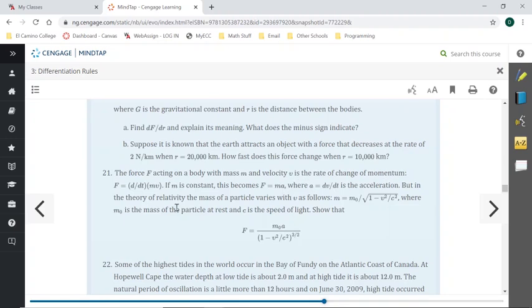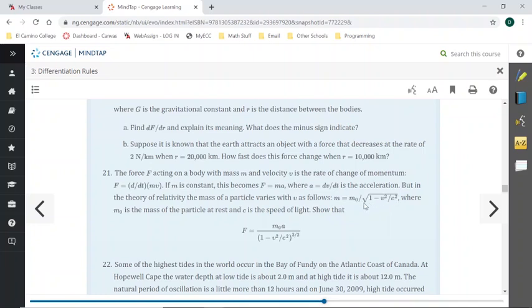But in the theory of relativity, the mass itself varies with velocity as follows, according to this formula, where c is the speed of light. So as the velocity of a mass is approaching the speed of light c, that is, as v is approaching c from below, then this quantity is getting closer and closer to 1, and then this quantity in the radicand is getting closer and closer to 0 while remaining positive, because v squared over c squared would be less than 1 since v is not going to exceed c.